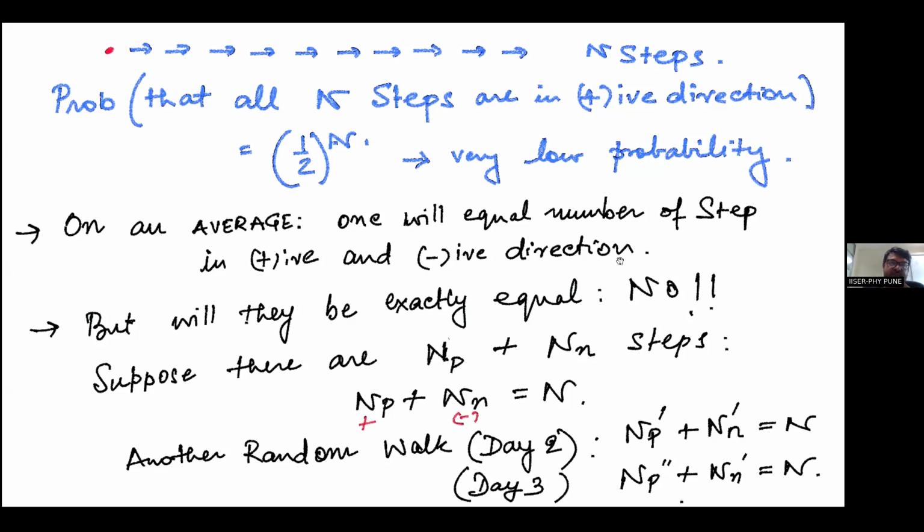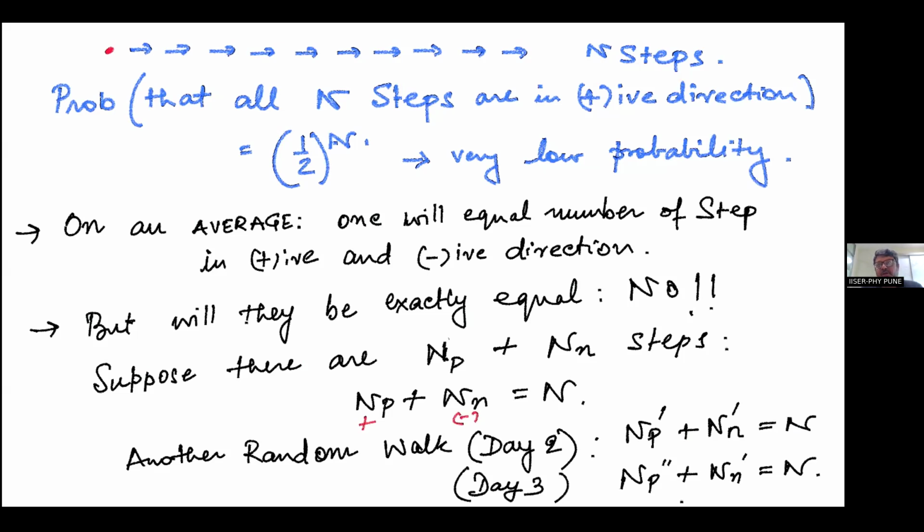Now, it is also possible that he takes all n steps, where n is large, to the right. It's not an impossibility. The probability of one step moving to the right is half. Then the second step, again going to the right, is probability half.